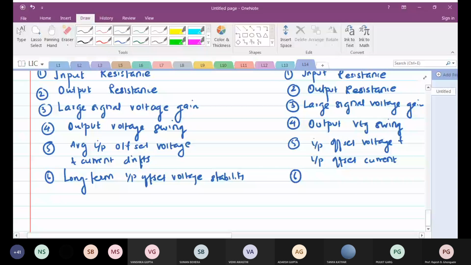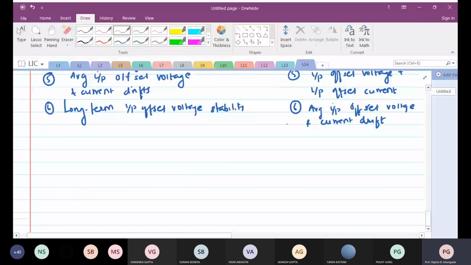Here we have average input offset voltage and current drift. Now you'll be asking me, they look the same, but wait, here is where the things will differ.